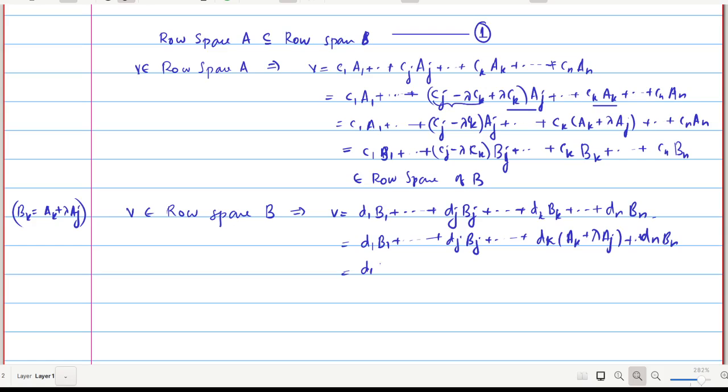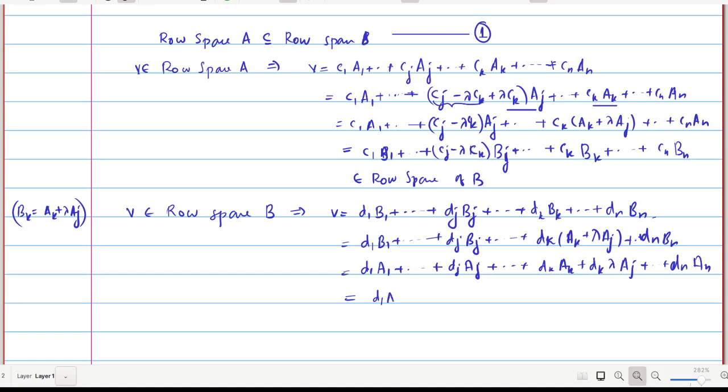Therefore we write D1 times A1 plus etc., Dj times Aj plus etc., Dk times Ak plus, opening this bracket, Dk times lambda times Aj, plus etc., plus Dn. Instead of Bn we write An here because all the other things are the same.